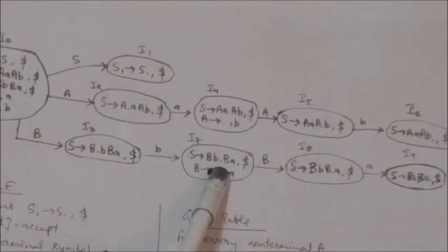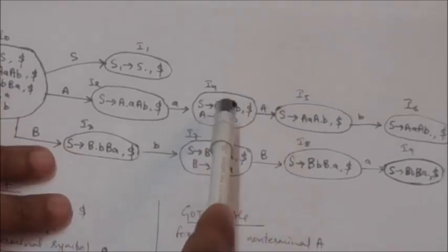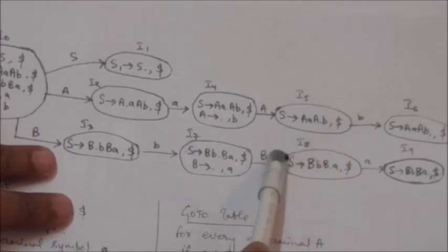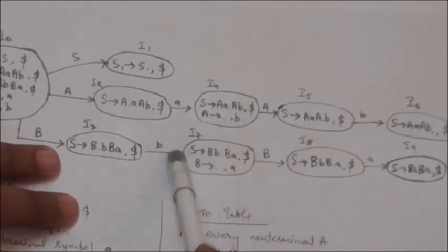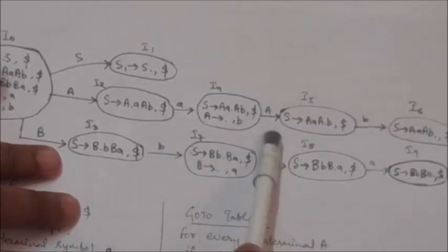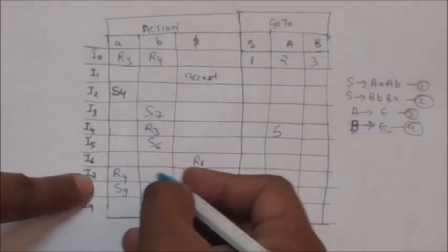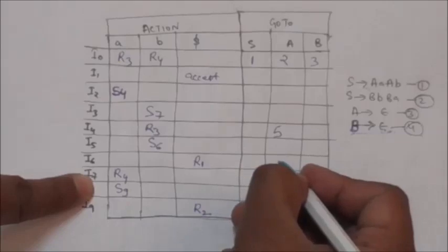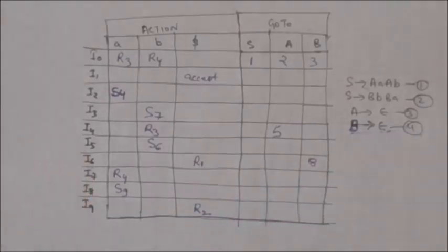Now see another transition in the DFA, from state I7 to state I8 for non-terminal symbol B. So in this case in the Goto table at the row labeled by I7 and column labeled by non-terminal B, I will write 8. So in this way we have filled both the action table and the Goto table.